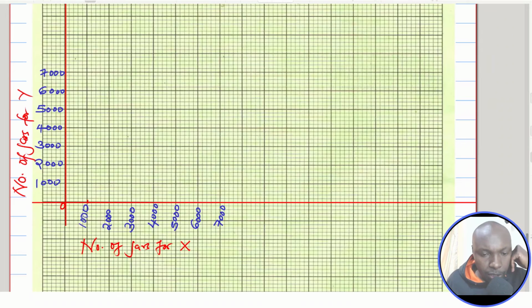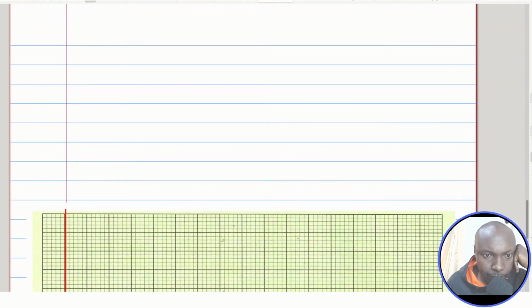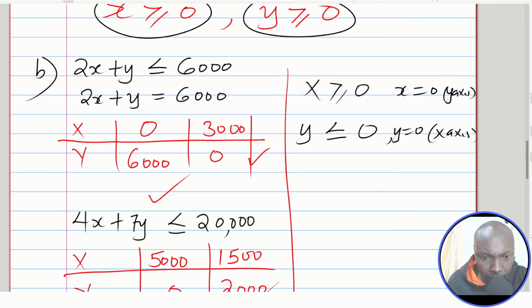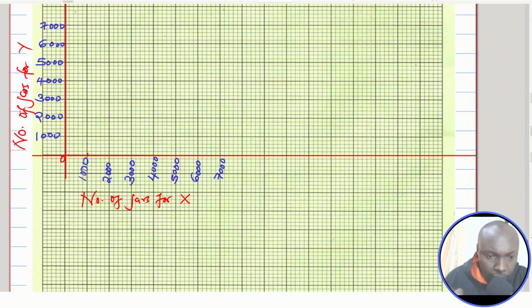So now we can plot the first one, 2x plus y less than or equal to 6,000. When x is 0, y is 6,000, so 0, 6,000 will be here.